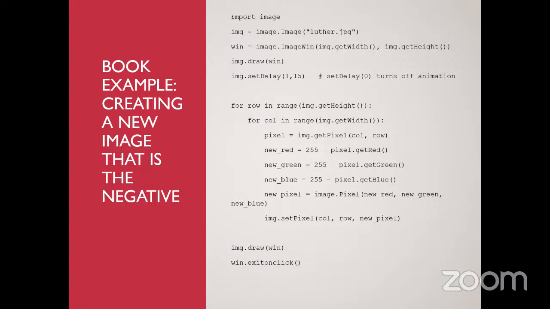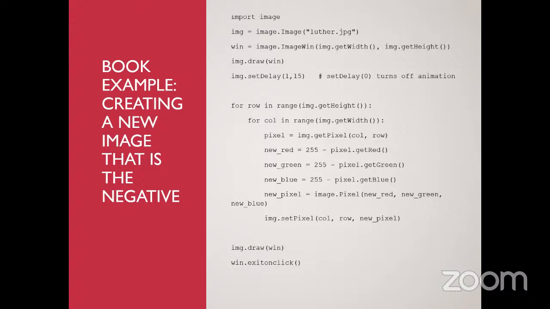So you go from one extreme to the other. So if we take 255, which is the maximum of a color, and we subtract what the current color is from it, you get the opposite. Does that make sense? And if you don't understand the math on that, that's fine. Trust me, it works.